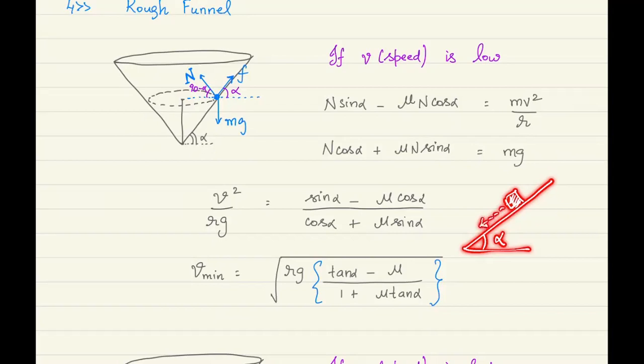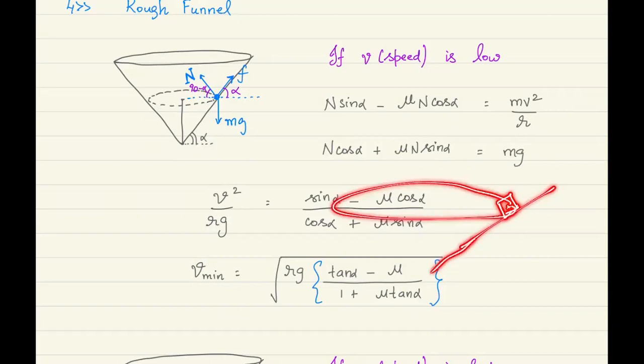It will be pulled into the funnel only when tan alpha is greater than mu. So we assume tan alpha is greater than mu. Then if you simply place an object, it will slide down into the funnel. To prevent that, you need to project it with some minimum velocity so that it can continue moving in that horizontal circle, and that minimum velocity is this expression.